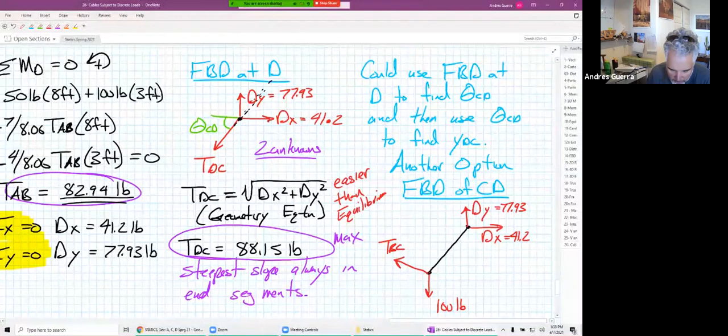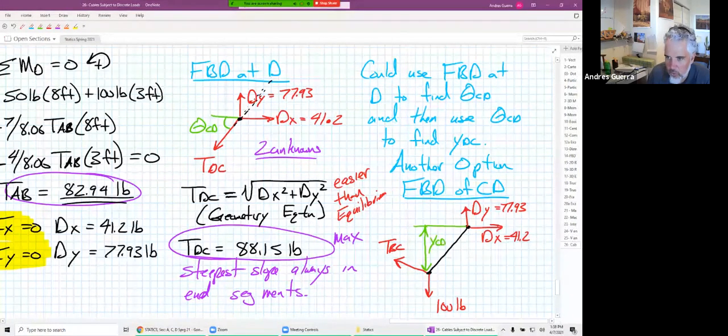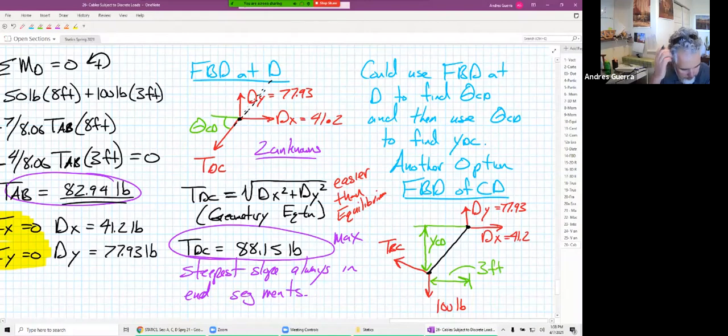And we have this unknown distance here from C to D. We have a known horizontal distance from C to D equal to 3 feet. We also would have an unknown theta from B to C.